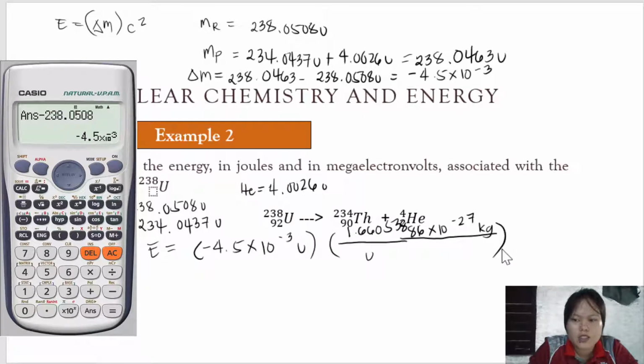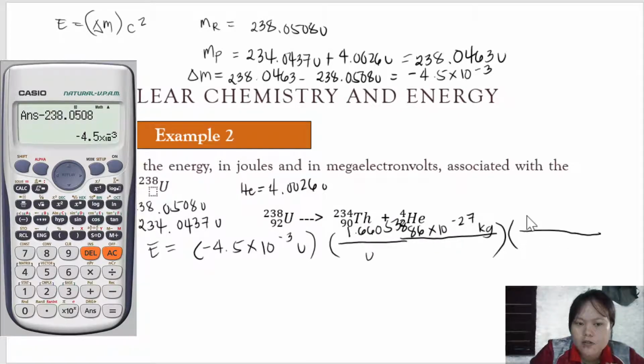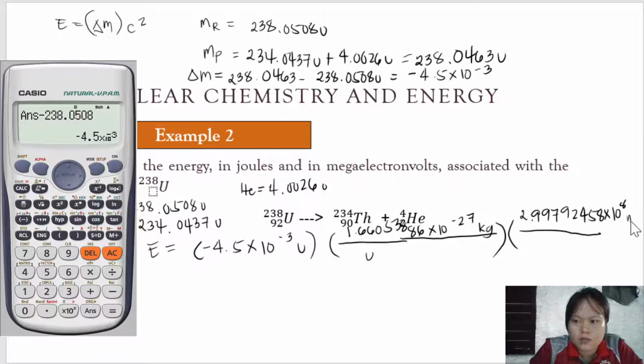You could use the direct conversion of U to joules, but sometimes, for example, you may be given kilograms, so there are scenarios. That's why we opt to use the traditional conversion. So, the speed of light, 2.99792458 times 10 raised to 8 meters per second, squared.